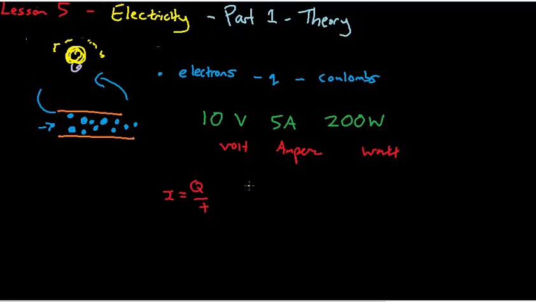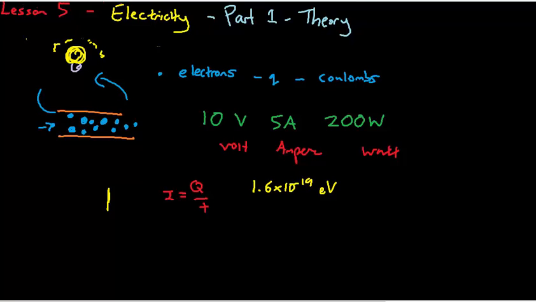Now, the charge on an electron is 1.6 times 10 to the minus 19 coulombs. But basically, the principle behind current is that it is a measure of the rate of flow of electrons per second. The more current we have in a wire, the more electrons are flowing past that point per second, because the charge will be greater.